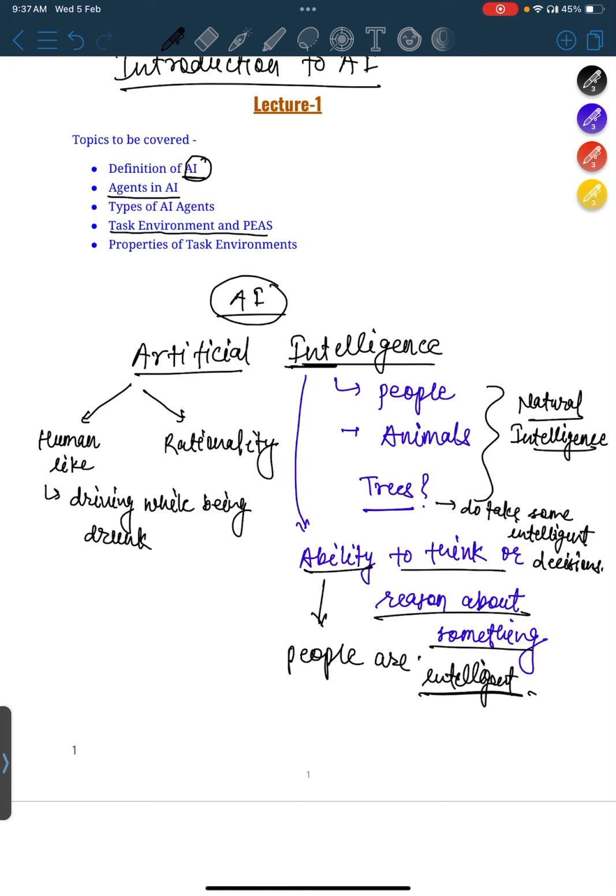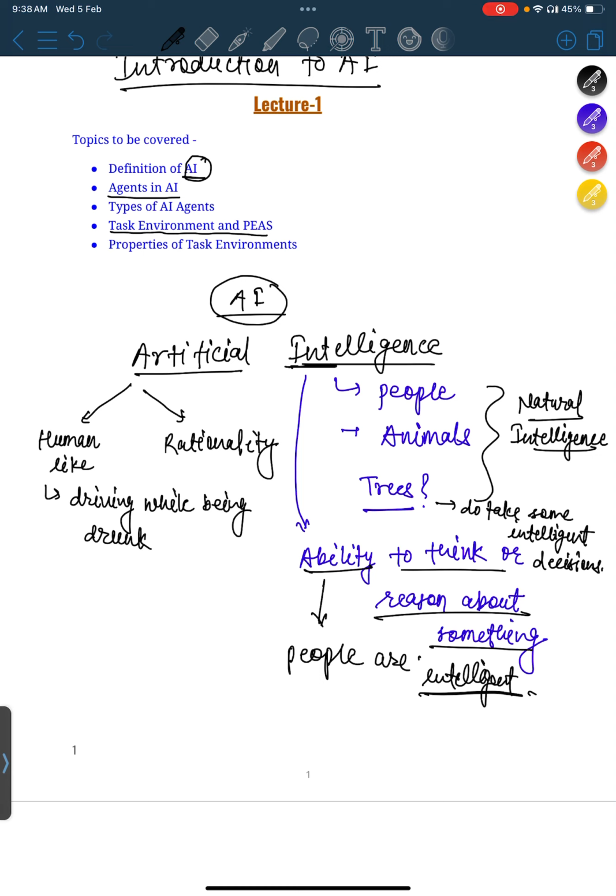So the decisions taken by humans are not always good. They do take bad decisions intentionally, even if they know that the decision is going to harm them in the future or right now. But still, they take decisions which are not appropriate. So we don't want our artificial intelligence or AI system to be like that.